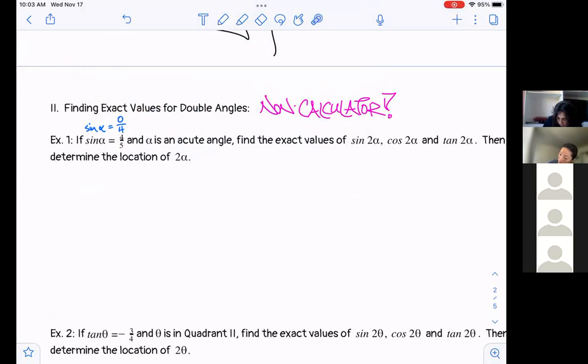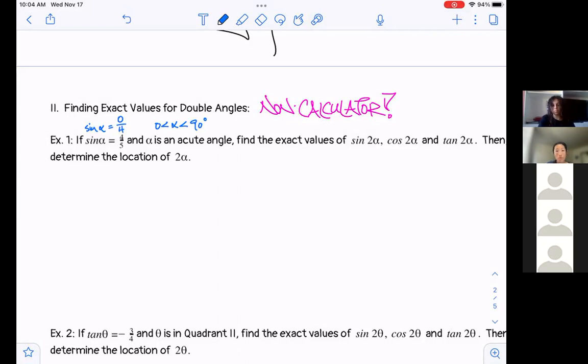Now, when someone says that alpha is an acute angle, what do we know about alpha? Like, what is the smallest alpha could be, and what's the biggest alpha could be? It's between 0 and 90 degrees. It is precisely between 0 and 90 degrees. Okay.